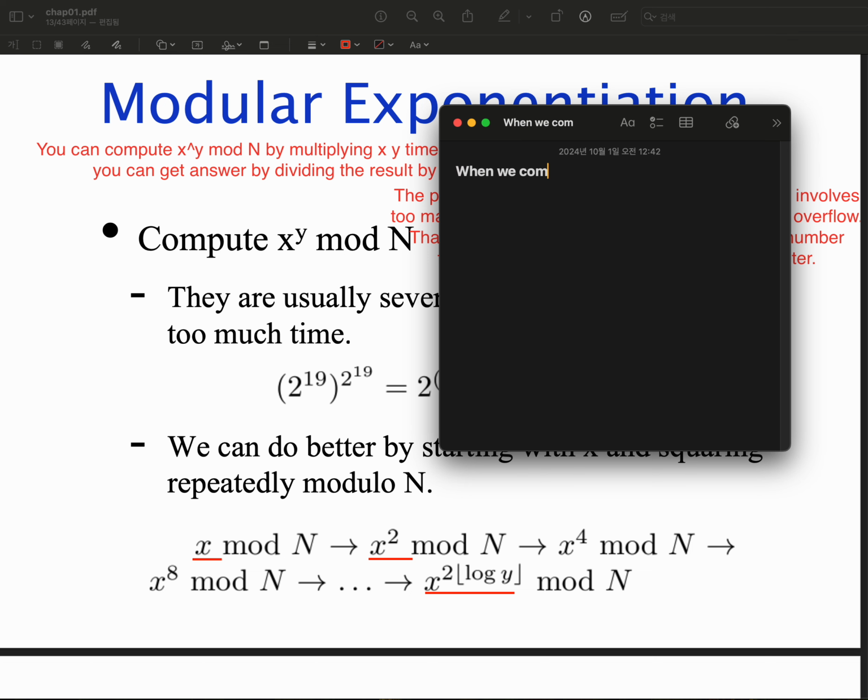When we compute 2 to the power of 128, mod 11, for example, the method is like this.